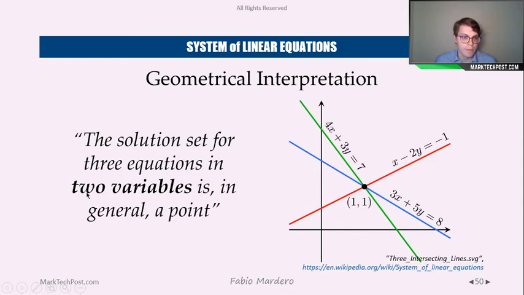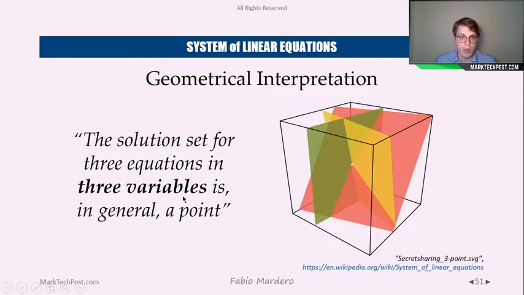Since we are talking about two variables, we are in a plane, and every equation defines a line. But what if we take three variables? Then we go in a 3D space, and if we have three equations in three variables, remember, linear equations, so x, the unknown variable, is to the power of 1 and not more, then the solution is a 3D point, in general, of course.